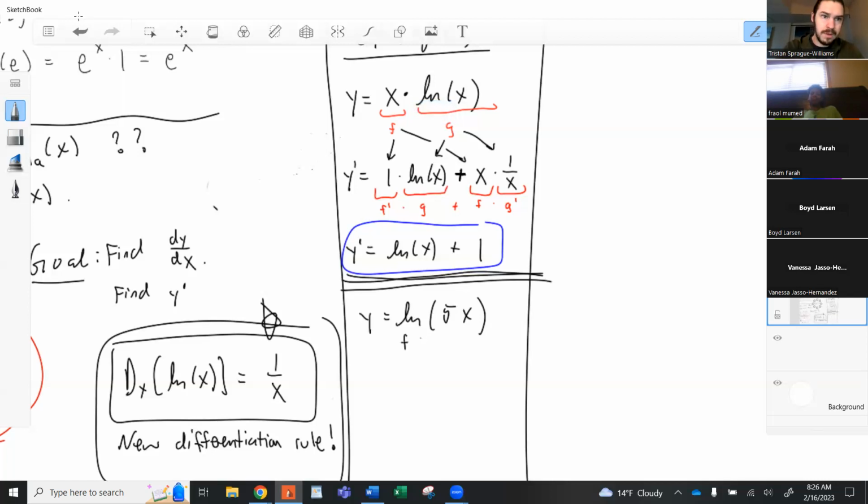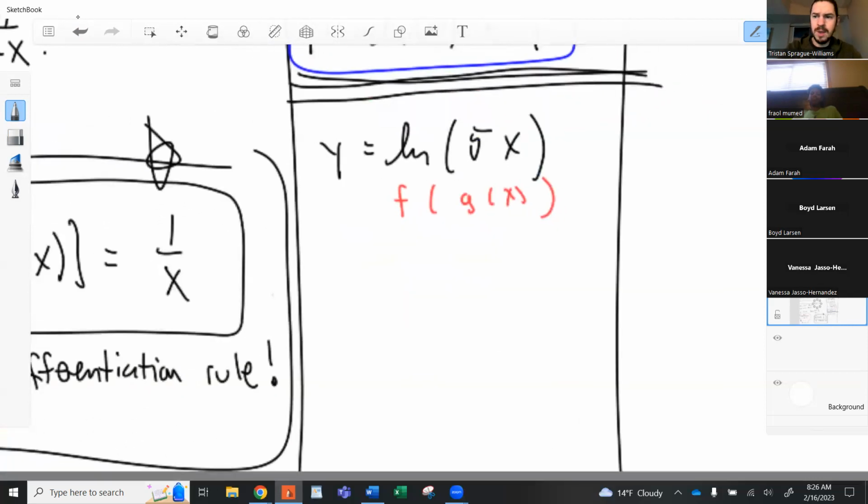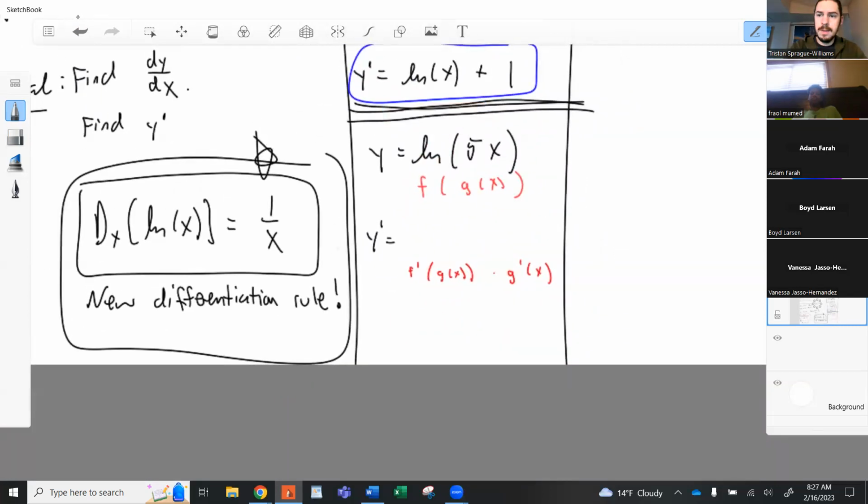So this is our f. Oh, hang on. I'll write it out again. If this is our f of g of x right here, then what we're going to get for y prime is f prime of g times g prime. That sound familiar? Now, if I wanted to write this out in detail, I could say f of u is the natural log of u, and u equals 5x.